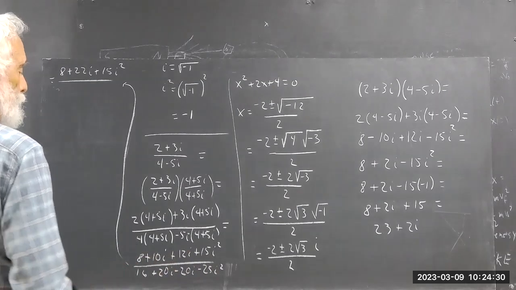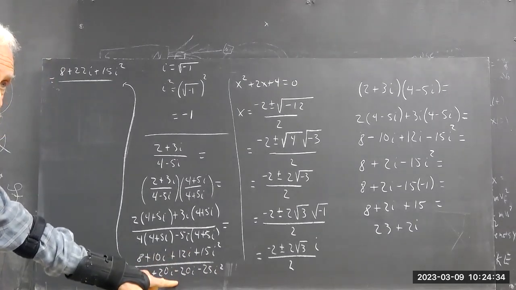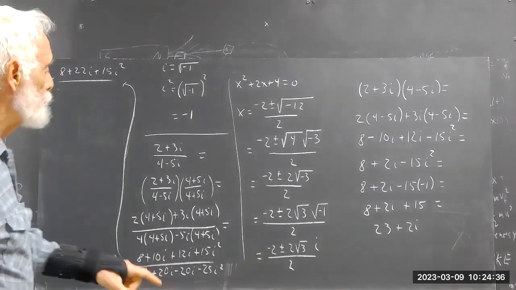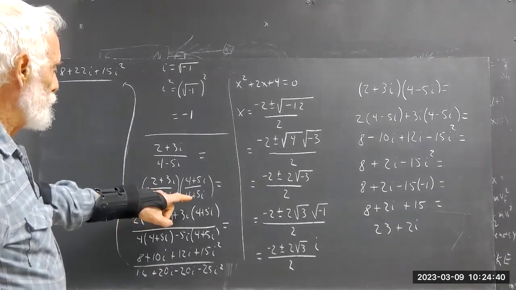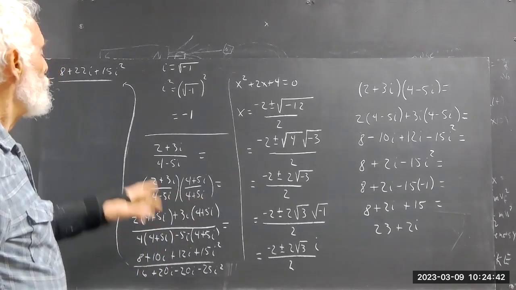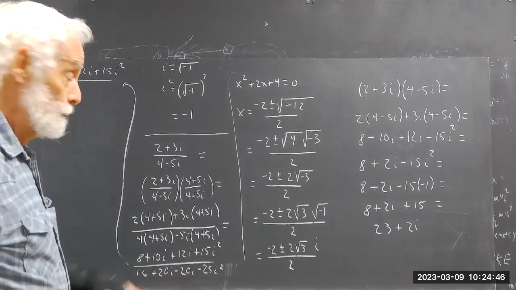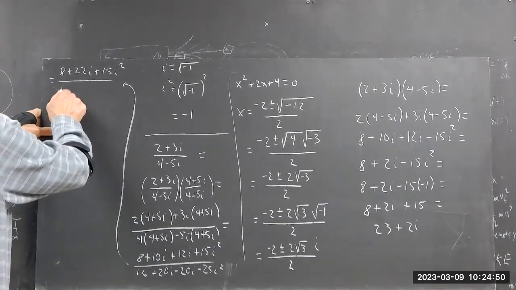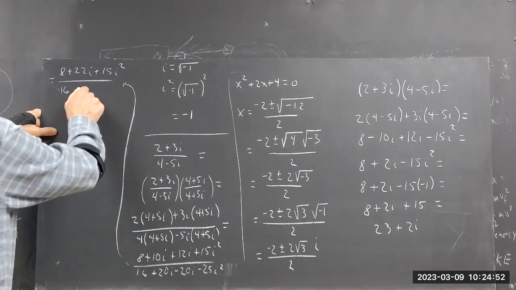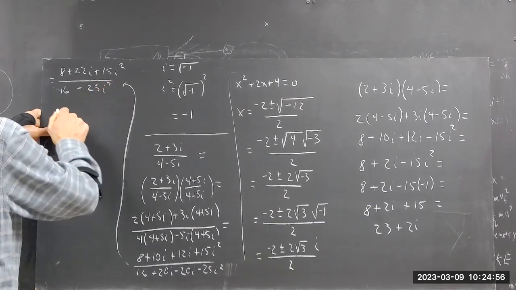Down here, what happens? Notice we have a 20i and a negative 20i. That's why we chose to use 4 plus 5i. 4 minus 5i times 4 plus 5i is going to make this happen, okay? And that's 16 minus 25i squared.